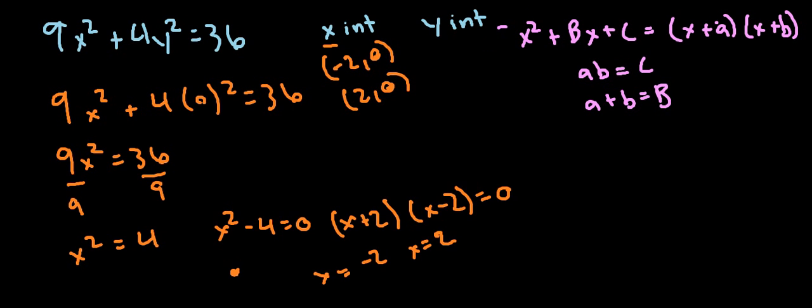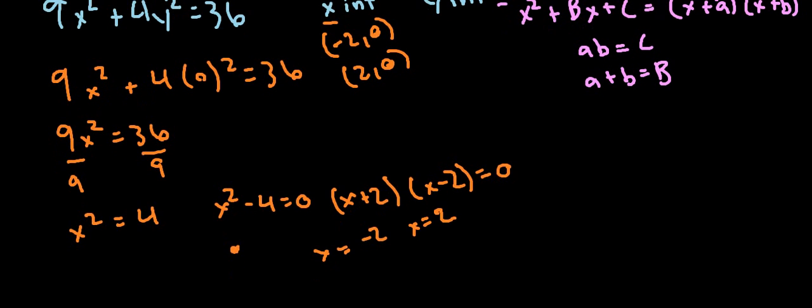And we've run out of room a little bit, so I'm just going to scroll down to do the Y intercepts. So let me write out the equation again. 9x squared plus 4y squared is equal to 36. And for the Y intercepts, we make x equal to 0, because when something intersects the y-axis, it has a y value, but the x value is always going to be 0.